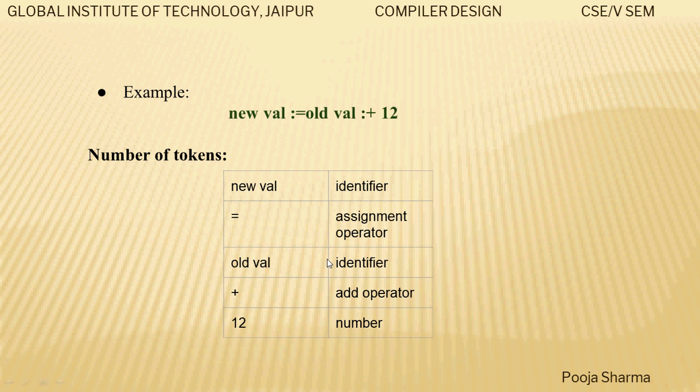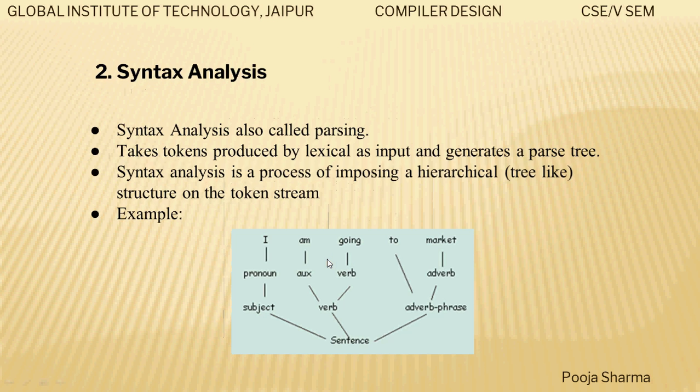Second phase is syntax analysis. Once the words are understood, the next step is to understand the structure of a sentence. This process is known as syntax checking or parsing. Syntax analysis is a process of imposing a hierarchical structure on the token stream.